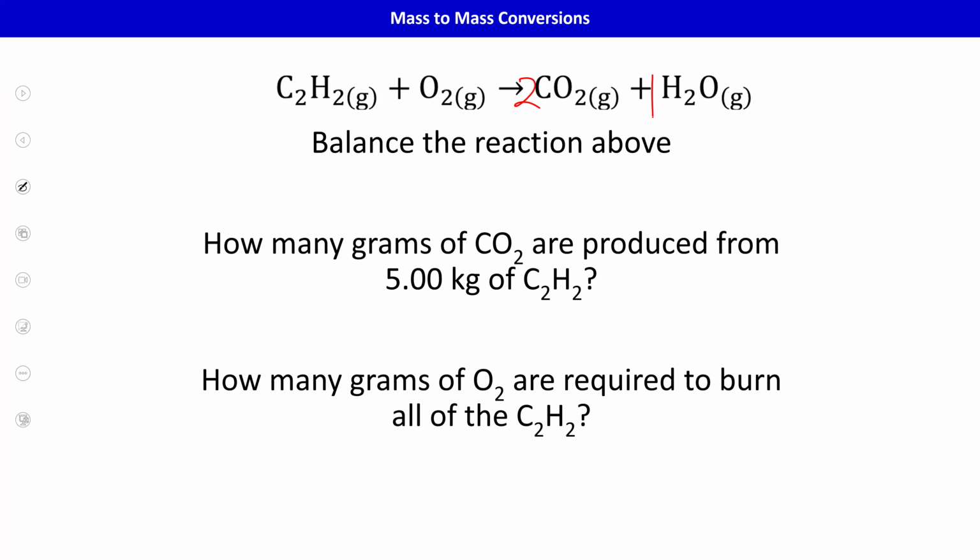So we're just going to multiply everything by 2. The easiest way to make an odd number even is to just multiply everything by 2. So 2 acetylenes can make 4 CO2s and 2 waters. Which now means we've got a total of 10 oxygens on the right-hand side.